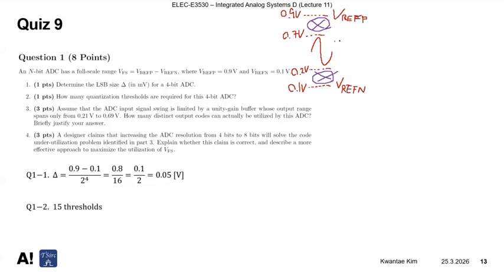Then the question is how many output digital codes are there that we are actually using.